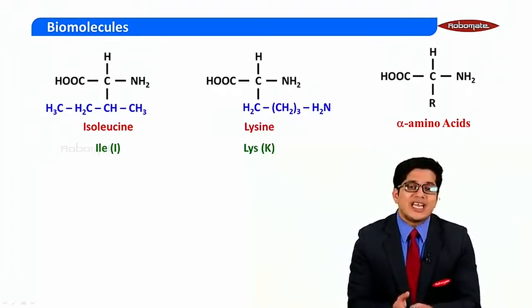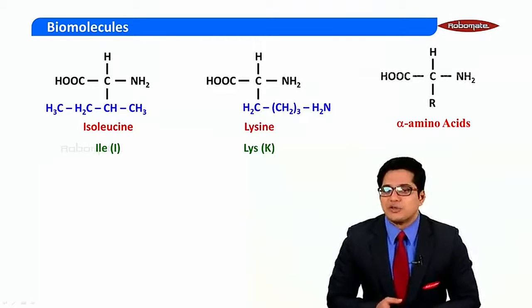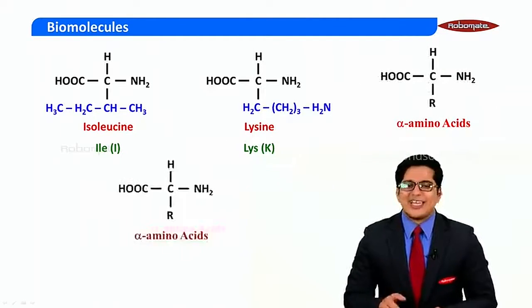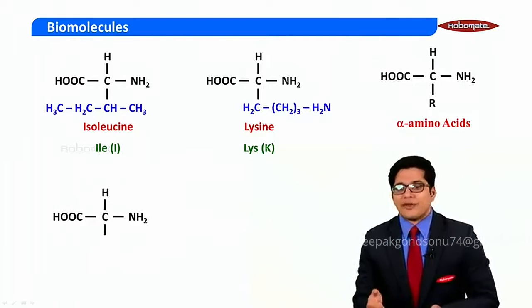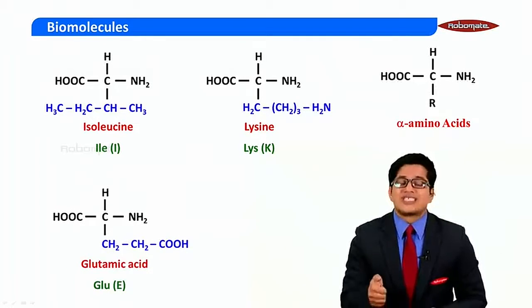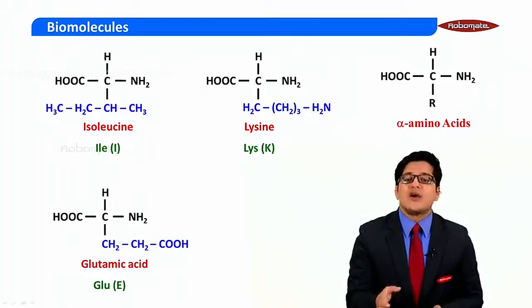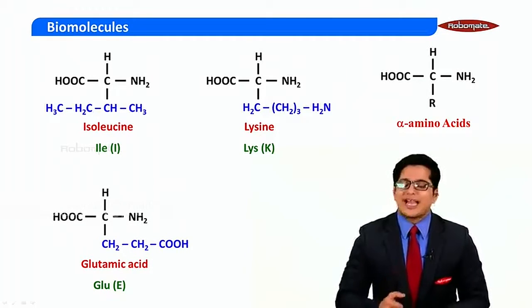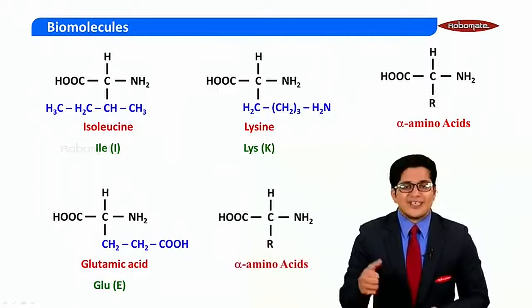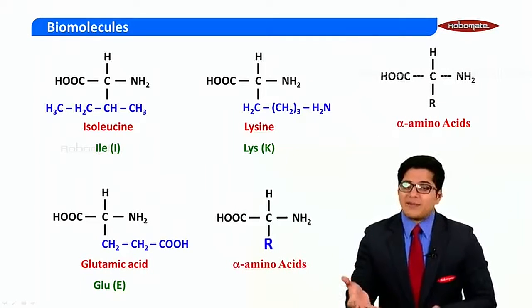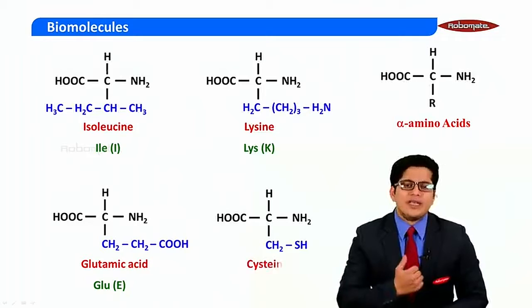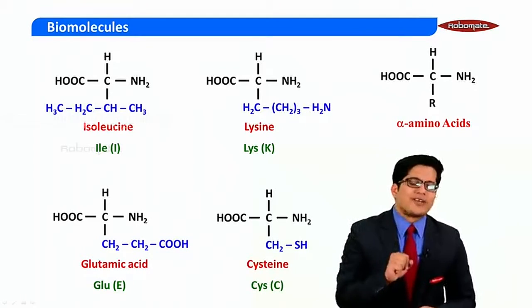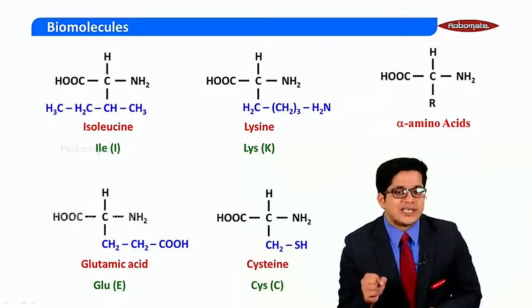Next, if we take once again R, remove the R, instead of it place a group like CH2, CH2 thrice NH2. We get a compound called as lysine. Next, instead of R, removing R, placing a group that is CH2, CH2, COOH. We get a compound called as glutamic acid. Next, we are adding R, but now this R would be nothing but CH2SH, a very important amino acid called as cysteine.